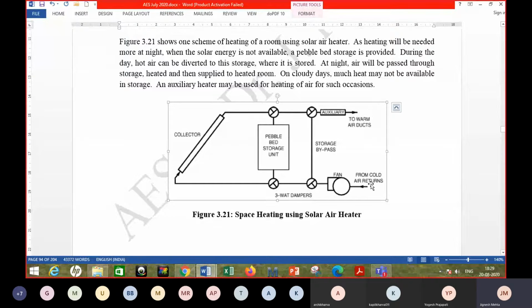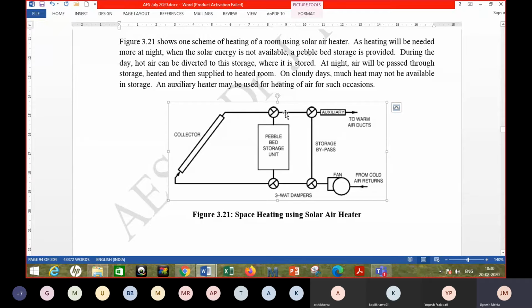And most of the times this will be in a closed circuit. For example, let's say the ambient temperature during the night time is say -5 degrees Celsius. Now you want to maintain the room at, let's say, 20 degrees Celsius. So air is blown into this.